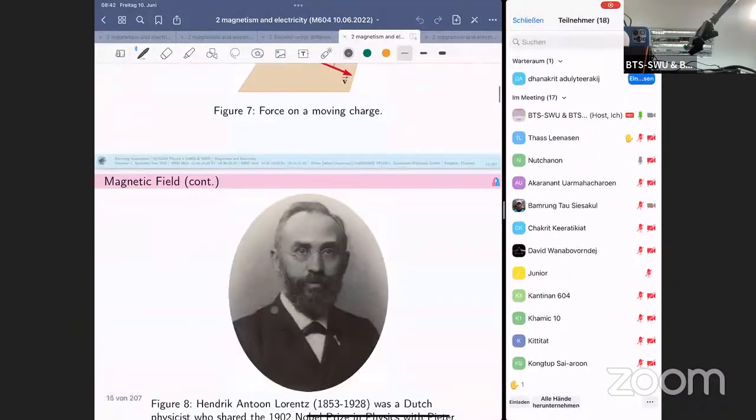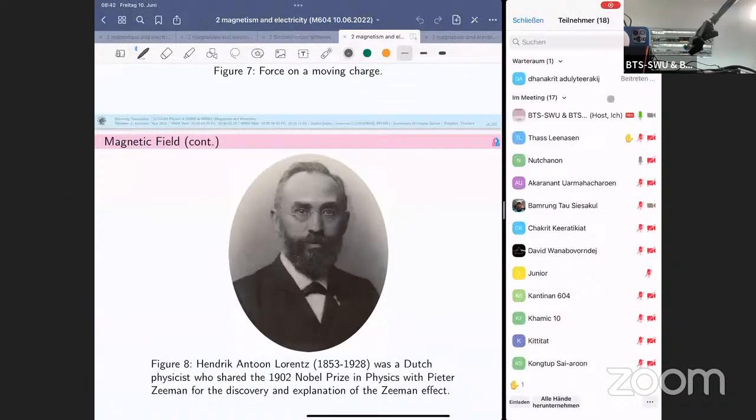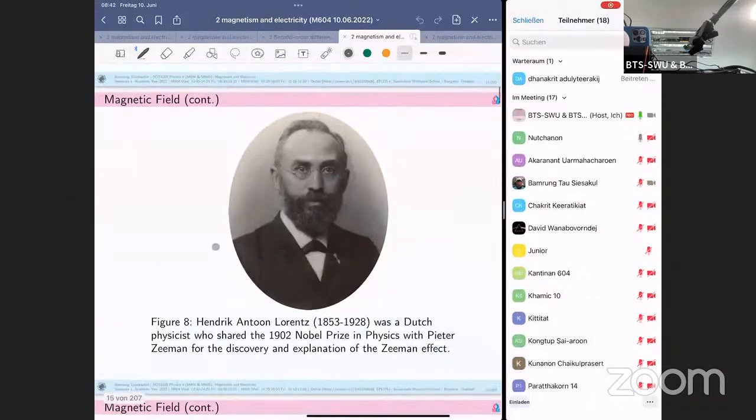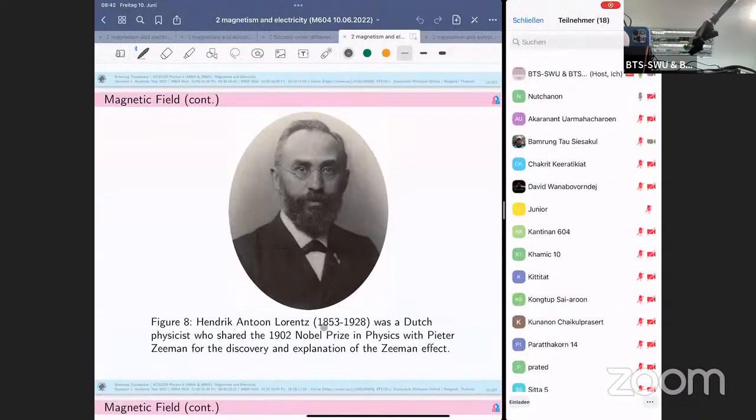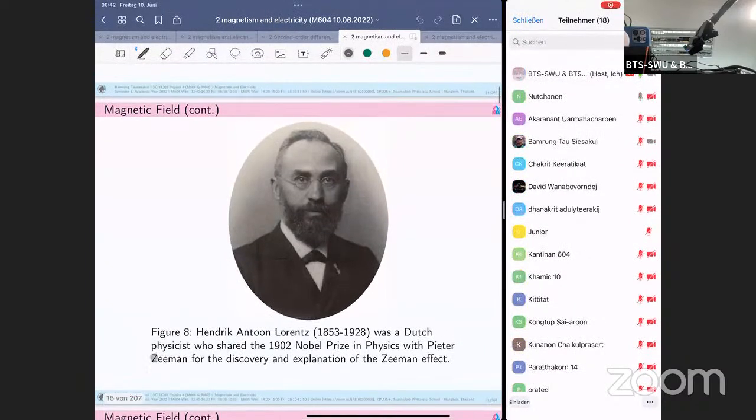Let's get to know this person. His name is Hendrik Anton Lorentz. He was a Dutch physicist and he's famous. He shared the Nobel Prize in Physics in 1902 with Pieter Zeeman.